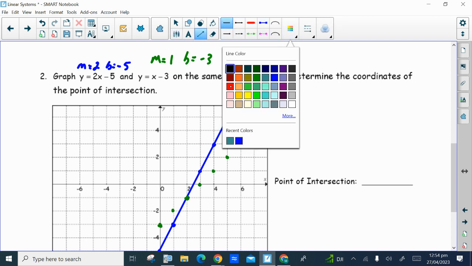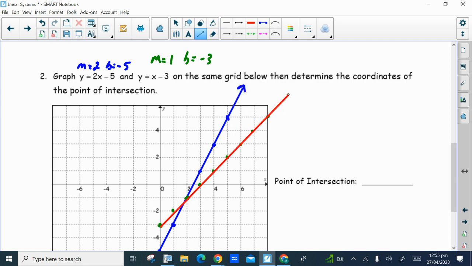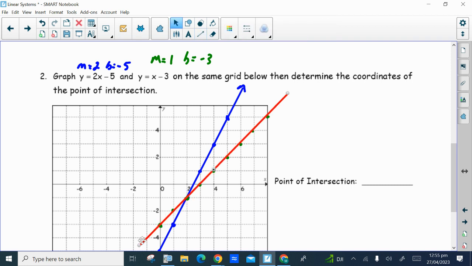And we want to state what that point of intersection is. And that is the point 2, -1. That is the point of intersection.